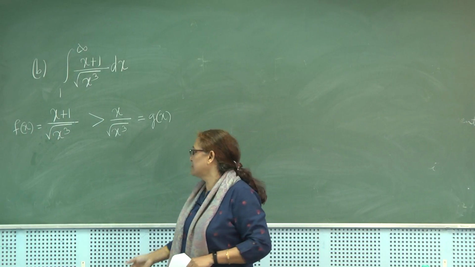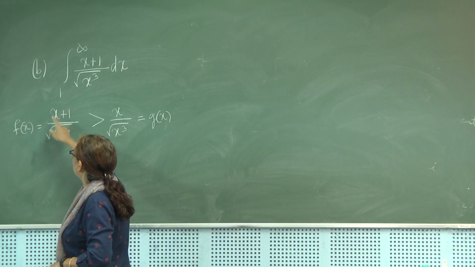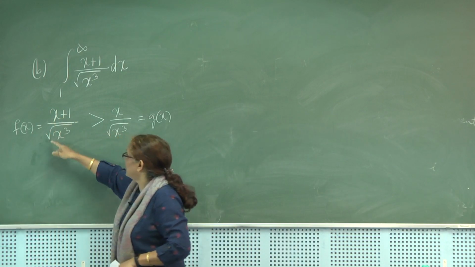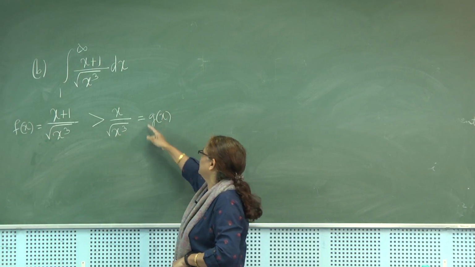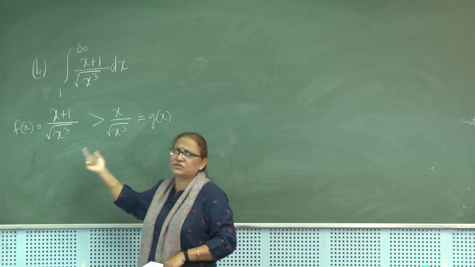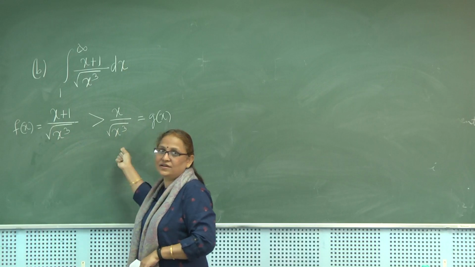So, if you like you may interchange the notation: you can take x plus 1 divided by square root of x cube as g x, and the other one on the right hand side as f x. What is in a name, you may interchange the names.